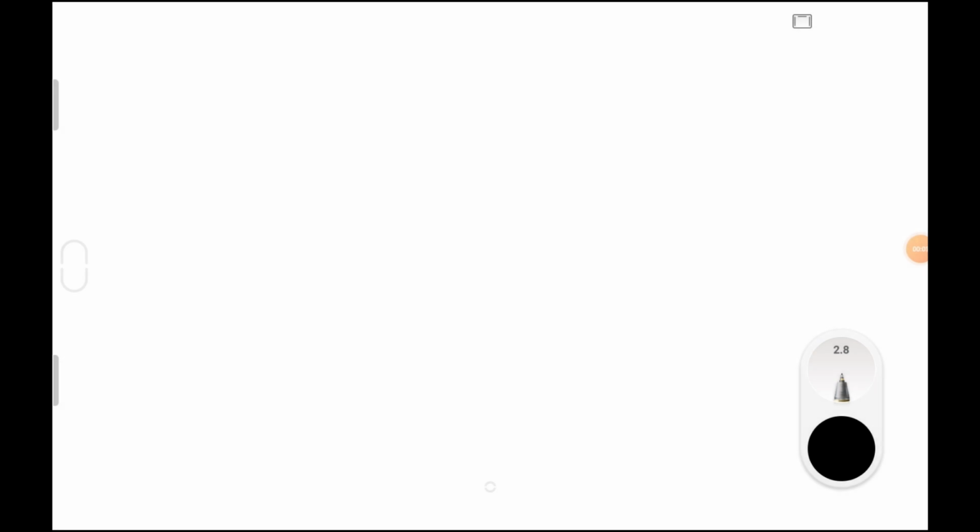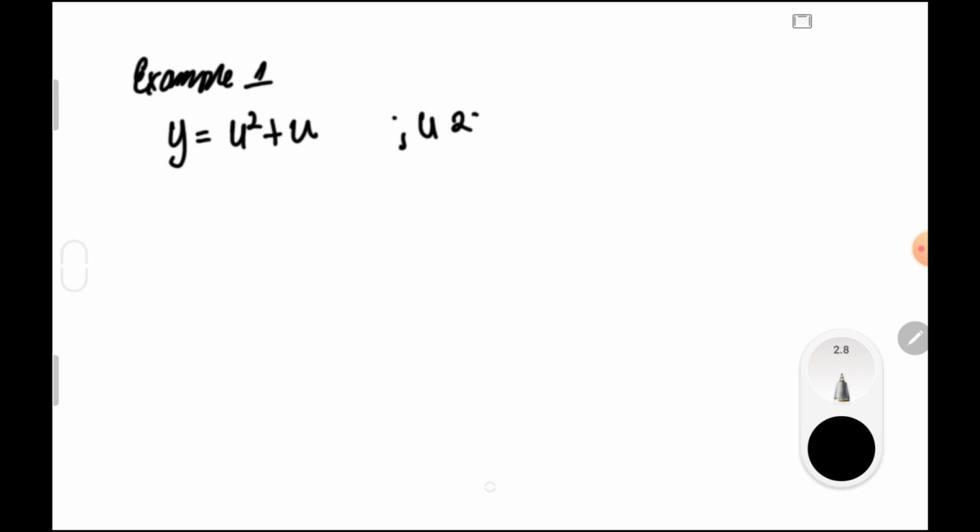Okay, so let's have our example number 1. So as you can see, let's have the first equation wherein y is equal to u squared plus u, and our u is equal to 2x plus 1.